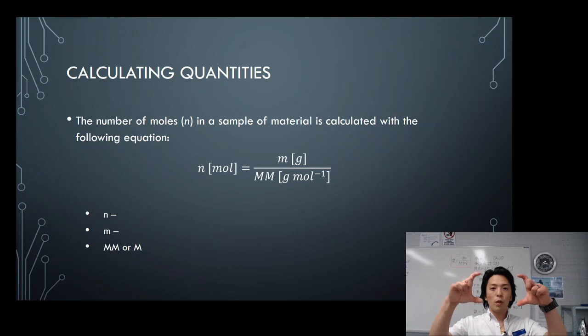I usually use square brackets, that's a pretty common thing to do for units. And next one is m. Lowercase m is the mass of a sample of a substance, and the unit is grams. Again, square bracket g.